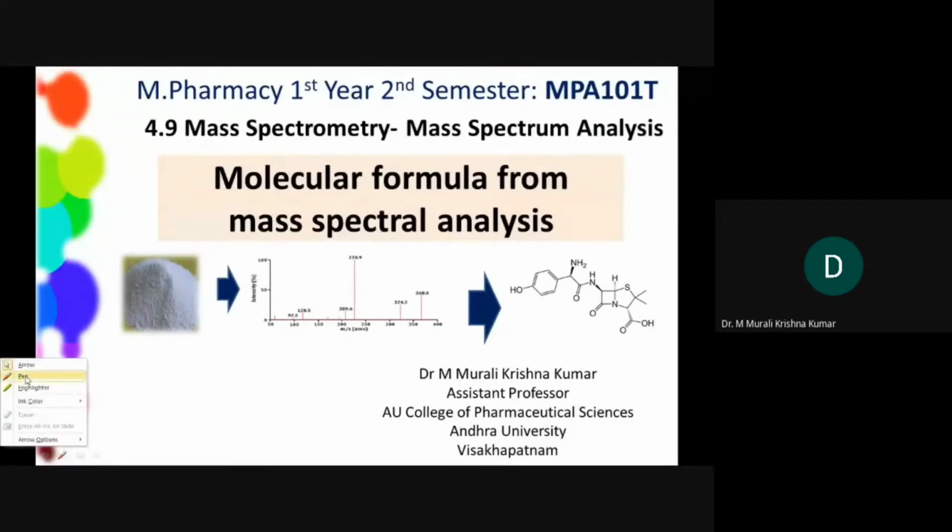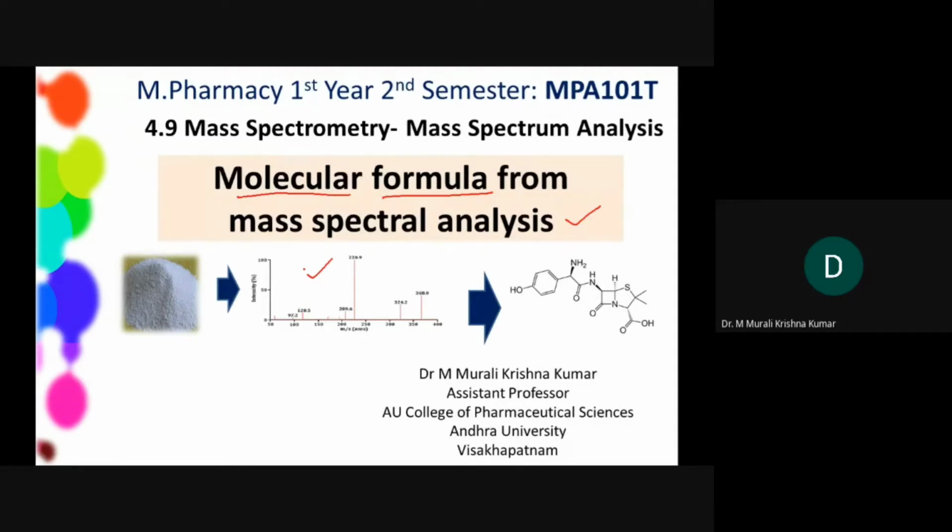In continuation of our discussion on mass spectral analysis, in this session we will discuss one very important application of mass spectrometry, that is the determination of molecular formula from mass spectrum. As you all know, mass spectrometry now has almost 100 years of history.